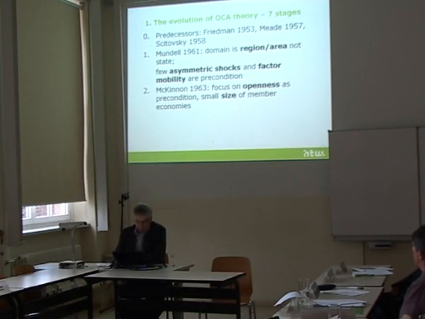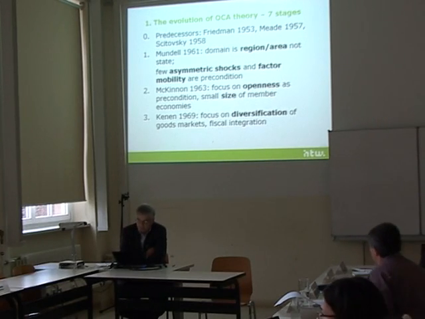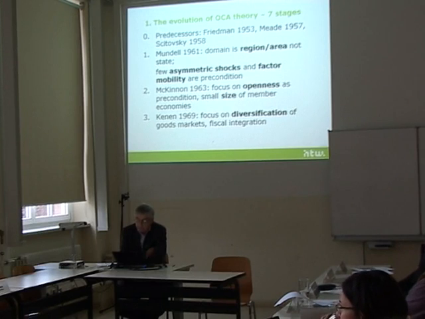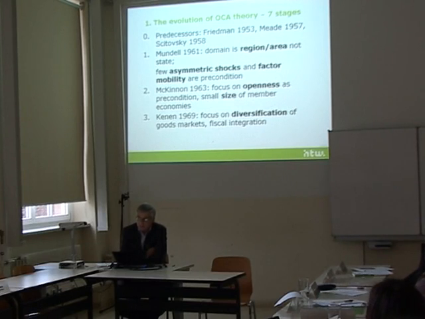Then Kenen came a few years later, and he said it's not so much trade openness, it is the degree of diversification of goods markets. Because then the probability of asymmetric shocks is low. So if you are diversified, then you are insured against shocks, to some extent at least.